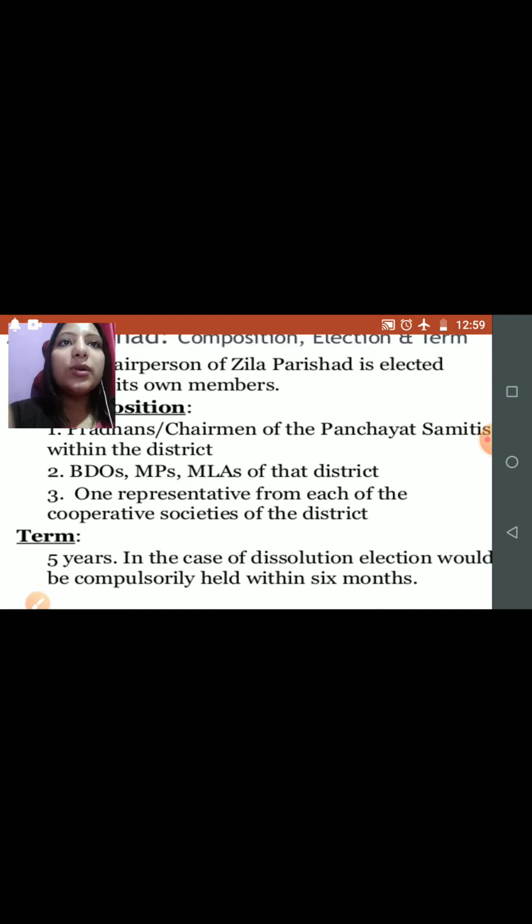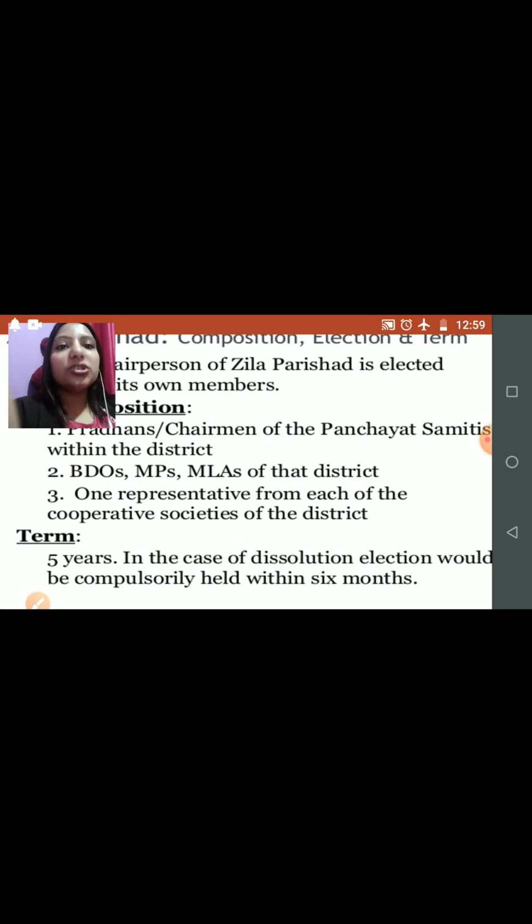This is also an elected body. It consists of the following members. There is the chairperson of the block samiti, then there will be members of the state legislature, that is the Vidhan Sabha and Vidhan Parishad. You understand now, the state legislature means the law making body of the state. They are also members of the Jilla Parishad.